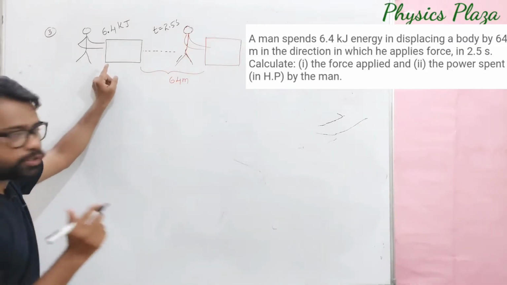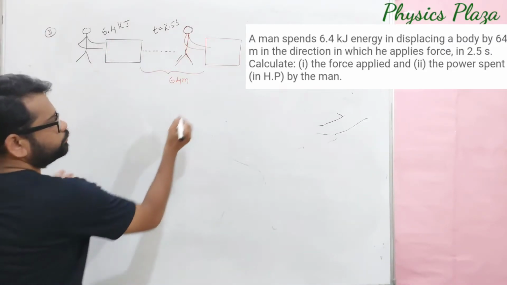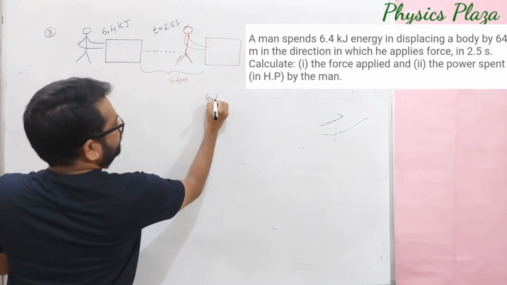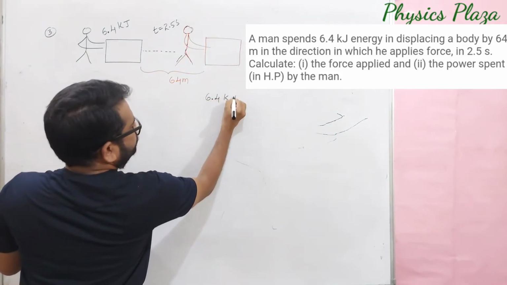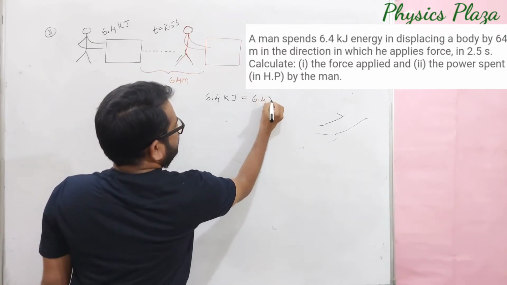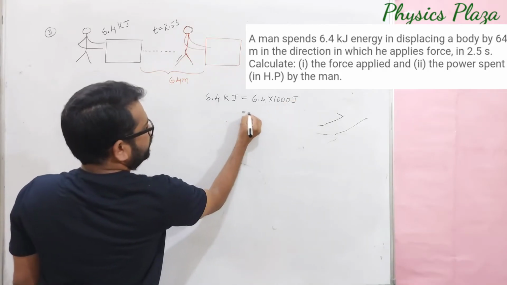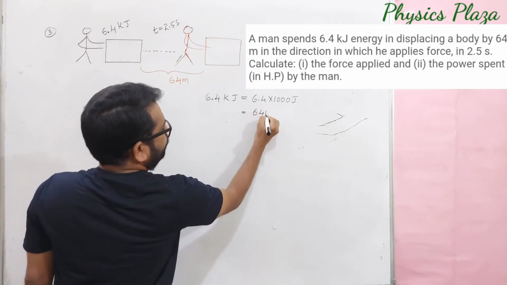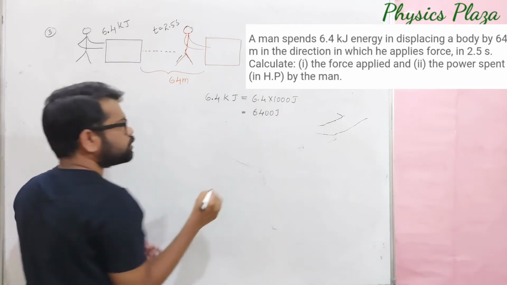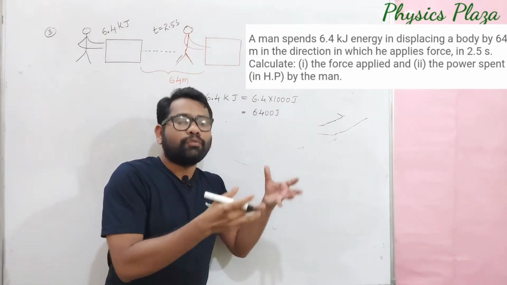So what is given first of all here? 6.4 kilojoules, the energy is given. So 6.4 kilojoule we can write as 6.4 into 1000 joule, which is nothing but 6400 joule. Dear children, the energy he spent is actually the work done.